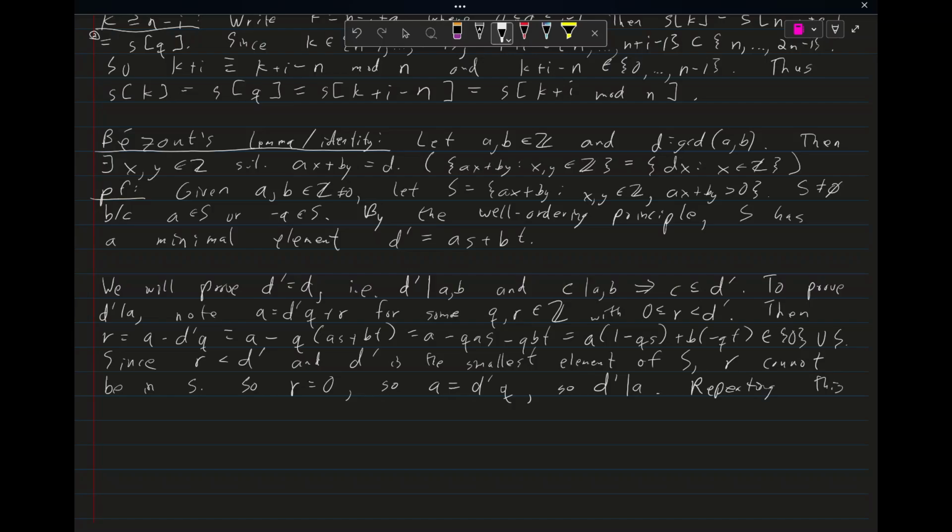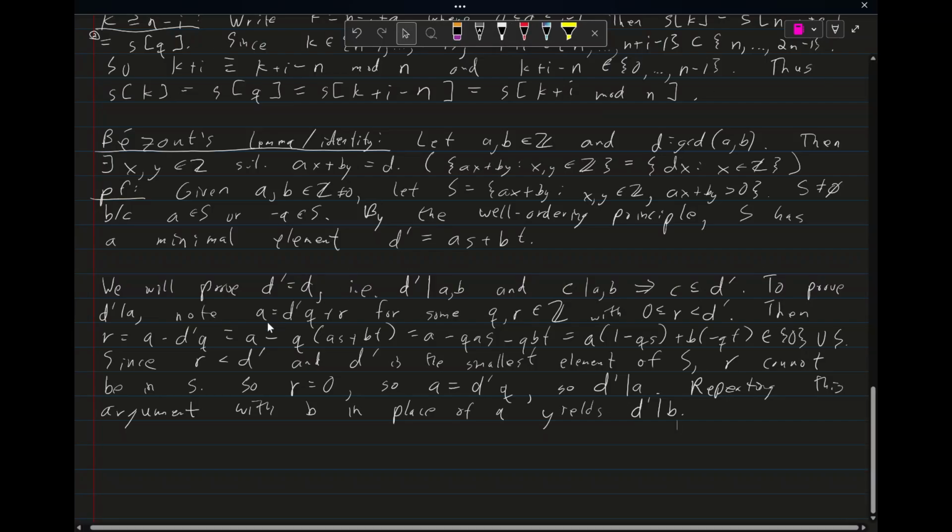Repeating this argument with B in place of A yields D prime divides B. Because we wrote A equals D prime Q plus R, we could also write B equals D prime S plus T. Oh wait, we're already using S and T. There's not enough letters.